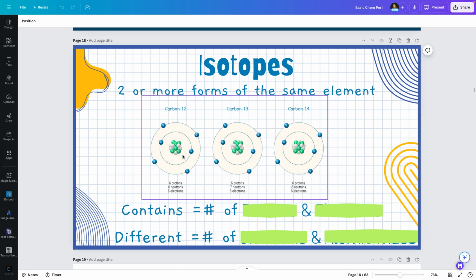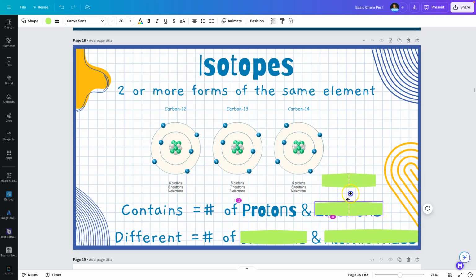They contain equal number of, and you can answer this question based on the diagram. What do they have equal numbers of? Protons and what? Okay. But they differ in their neutrons.